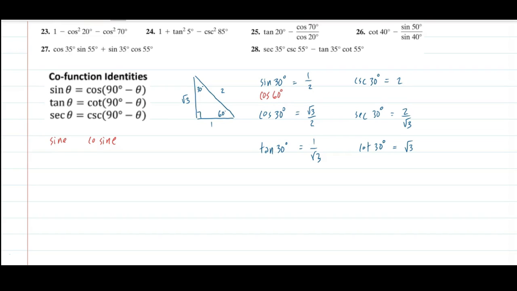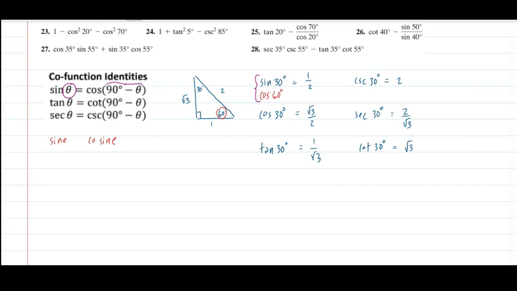Find me the cosine of 60 degrees, and what do you get? All right, so you end up with 1/2. And that's what the cofunction identity says. It says that, did you know that finding the sine of an angle is the same thing as finding the cosine of 90 degrees minus that angle?